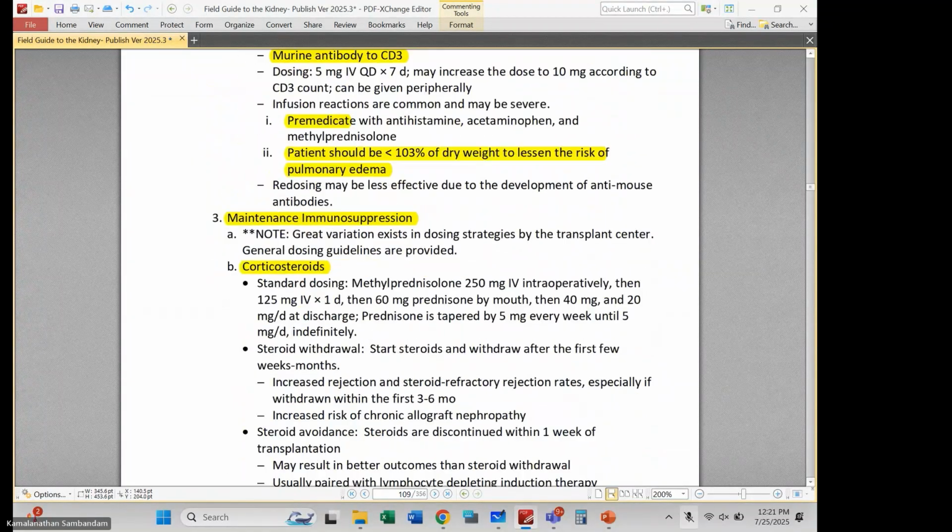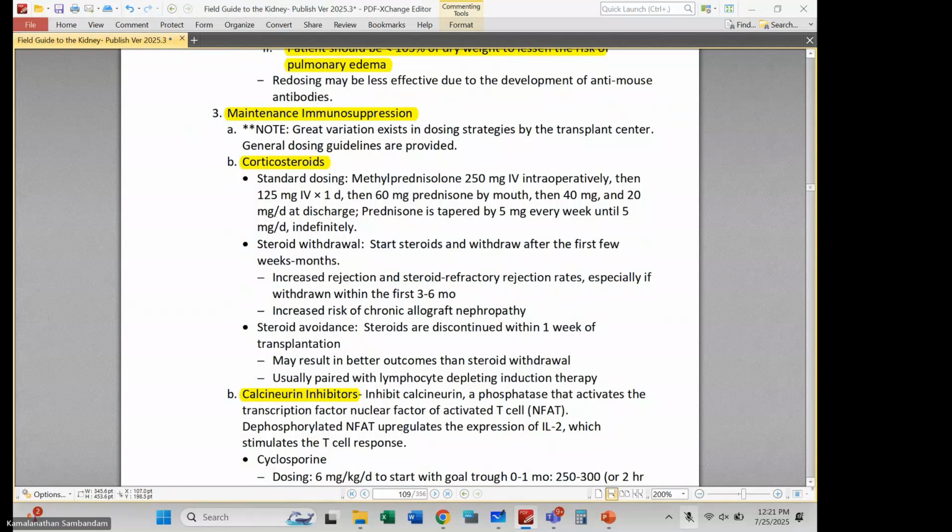Okay, so moving through corticosteroids, there's a variety of variation. There's a great variation across centers. So in no way should you be considering this as standard for all transplant centers.